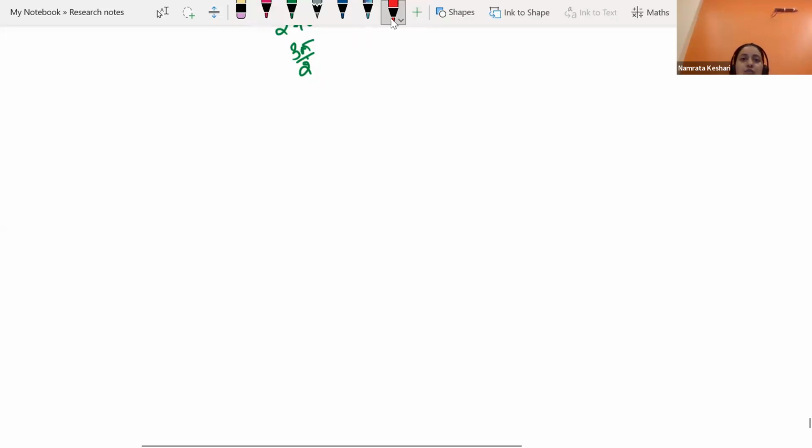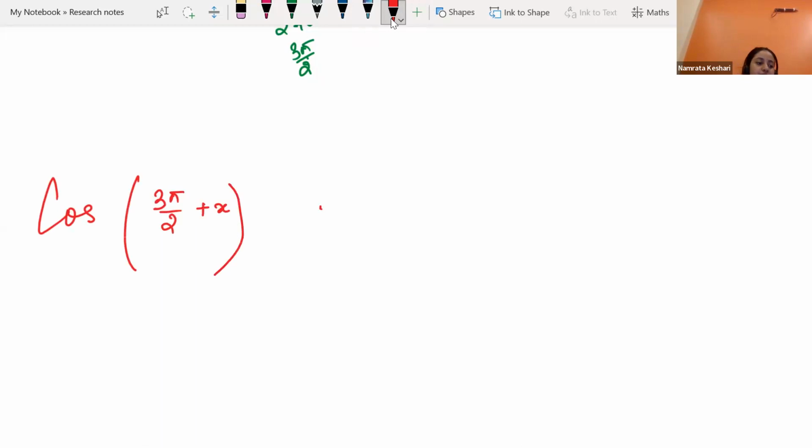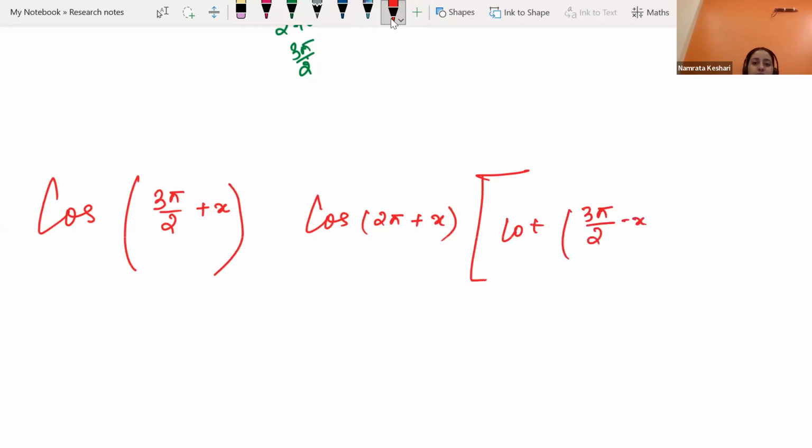Let's do this question. If you have understood the conversion very well, then let's do this question. Cos 3 pi by 2 plus x, cos 2 pi plus x, cot 3 pi by 2 minus x plus cot 2 pi plus x is equal to 1.